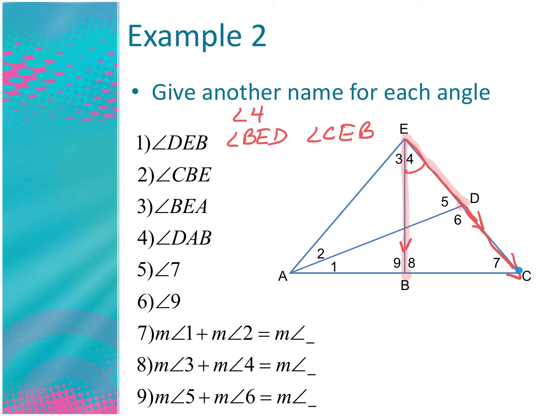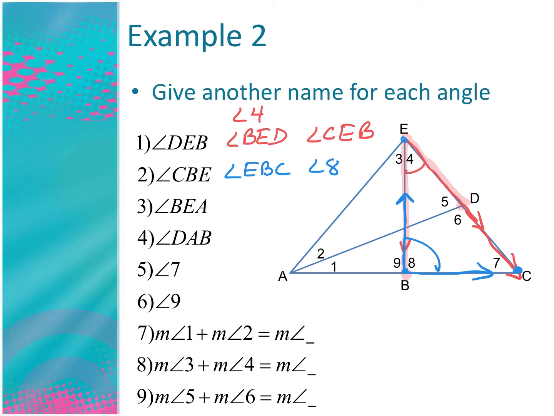So C starts here, B is here, and then the E. So let's go ahead and fill in the rays to show the angle. So you can already see that this is angle 8, and I can also reverse the letters on this one. So I could also say this is angle EBC, or I could have also said it's angle 8. No other names for this one.